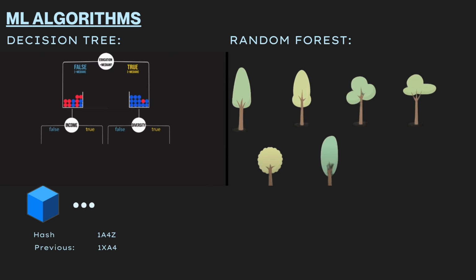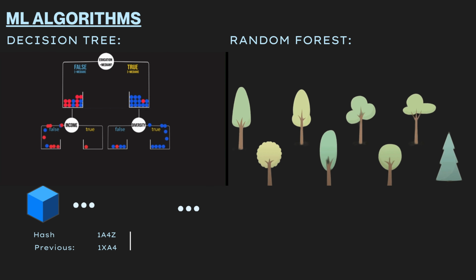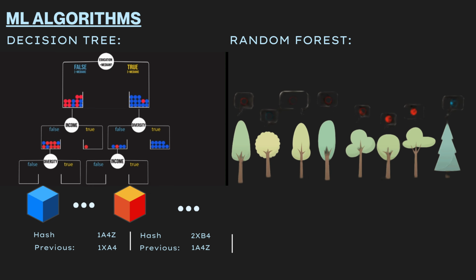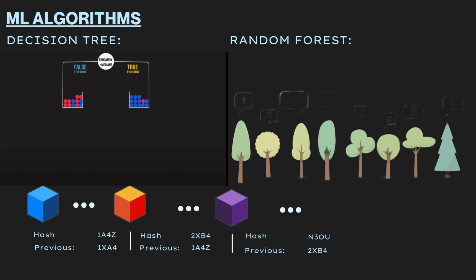We are using a decision tree and random forest algorithm here. The decision tree will analyze one transaction at a time, and it will try to identify features like the transaction size, its frequency, and its relationships.